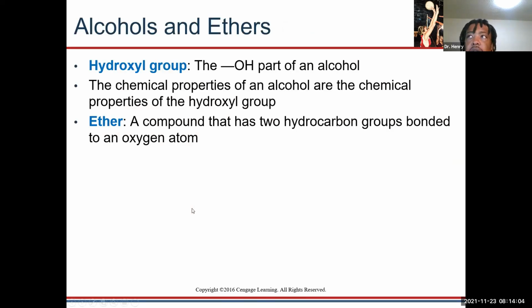Okay, so we have the alcohols and the ethers. When we go about naming alcohols and ethers, if you guys remember, we had talked about priority. And so far we had talked about alkyl halides.